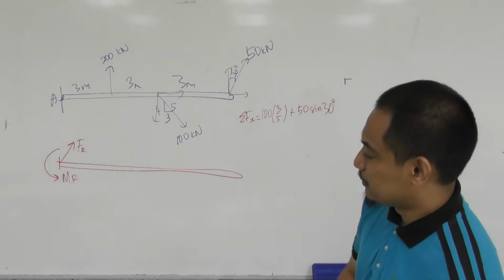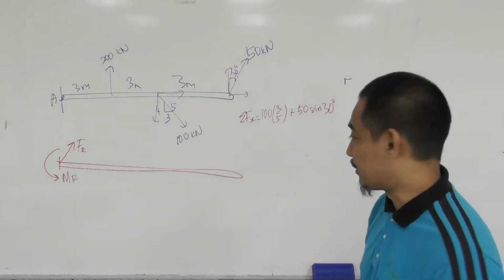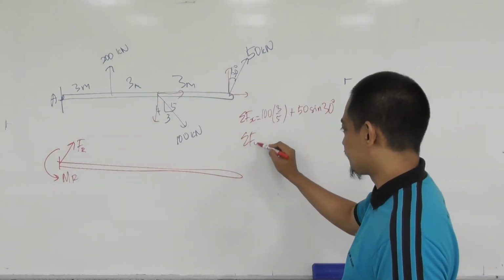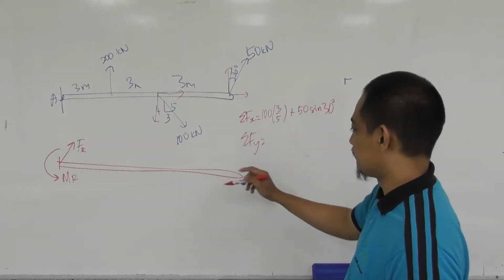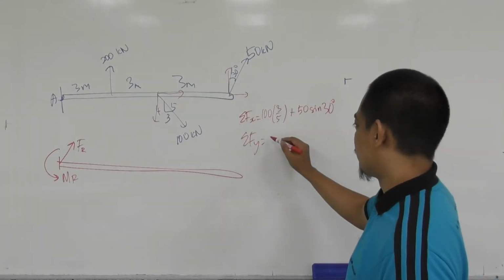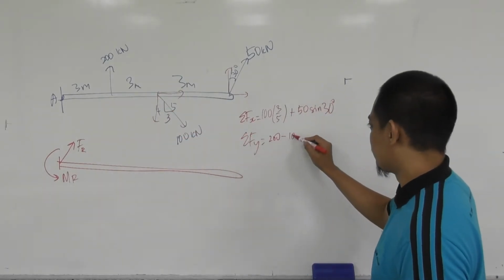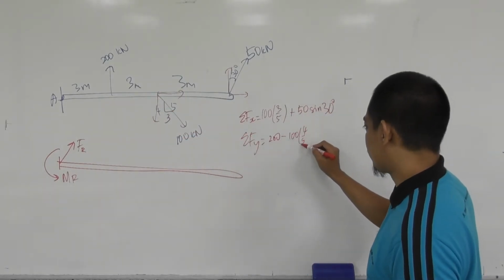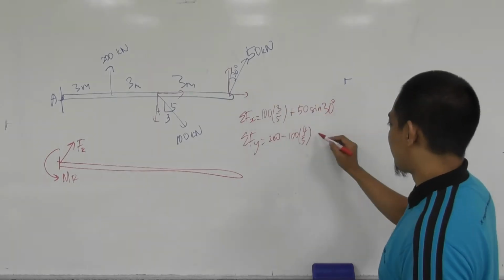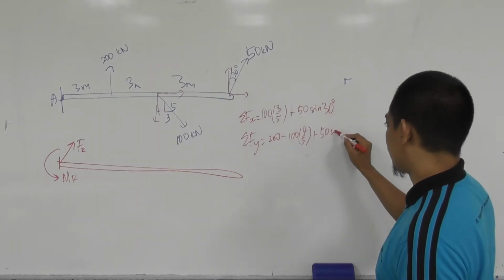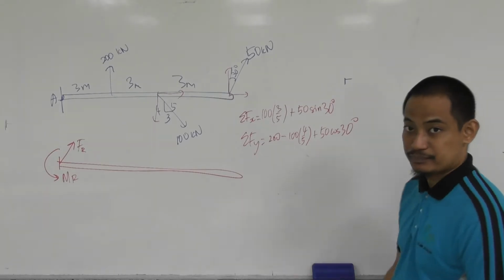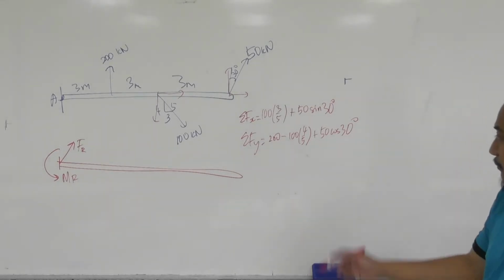That's the total x component. What about summation of Fy? This is obviously to the right. Fy is upwards. So this will be 200, and then this one is minus 100 times 4/5, and then this is plus 50 cos 30. Right, so you have that one.